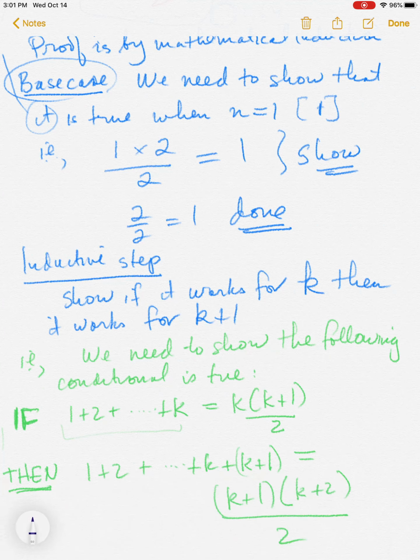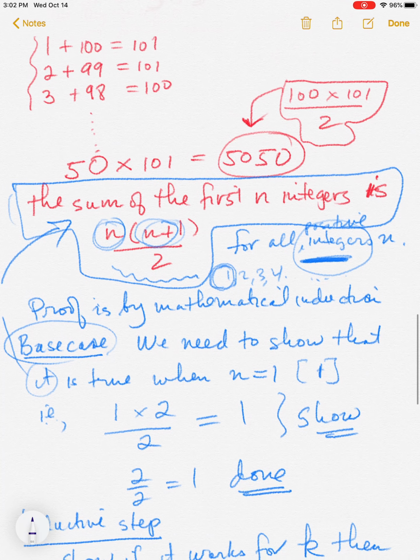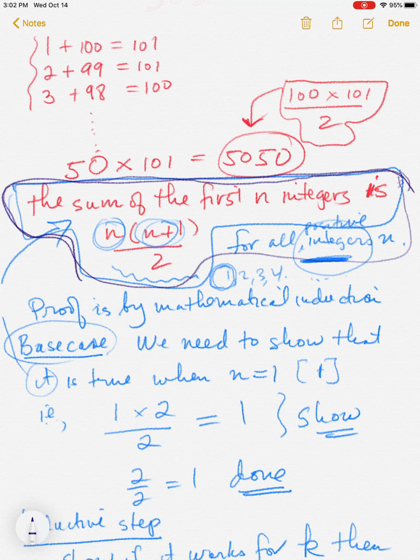Okay, so let me just back up for a minute. What we're doing here is showing that this claim, that the sum of the first n positive integers is n times n plus 1 over 2, is true for all positive integers. We're proving it by mathematical induction.